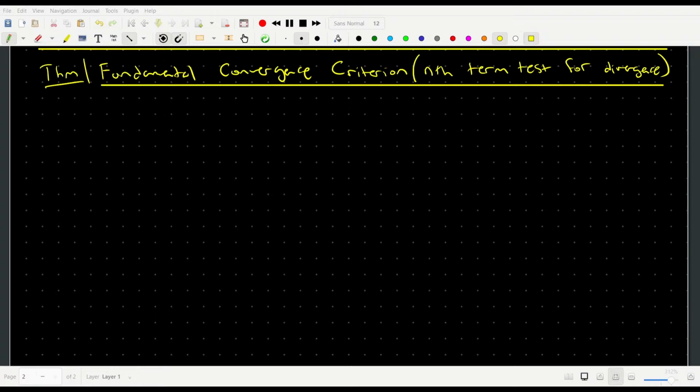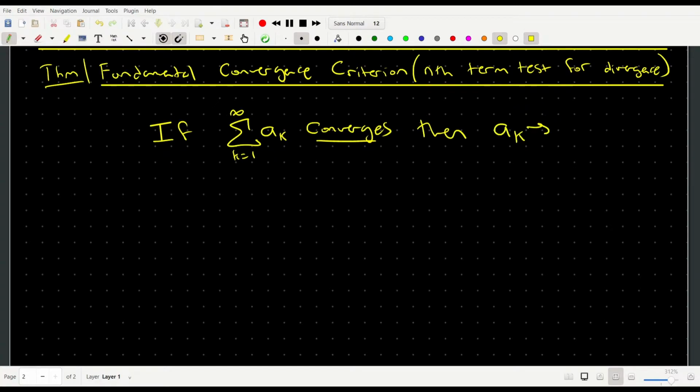Essentially this is saying that if the infinite series of AKs converges, then the limit of the terms in the series, the limit of the underlying sequence for this infinite series, these terms all have to go to 0.